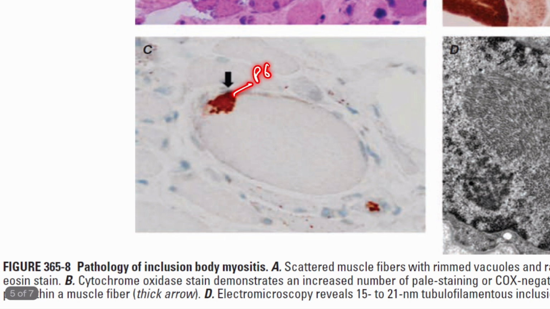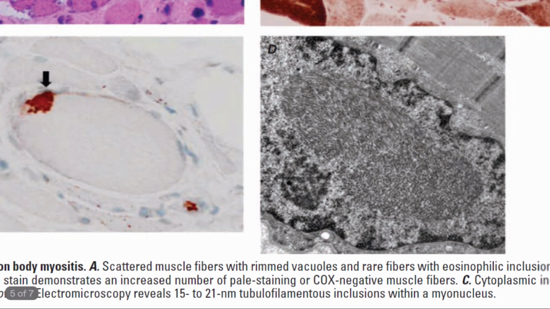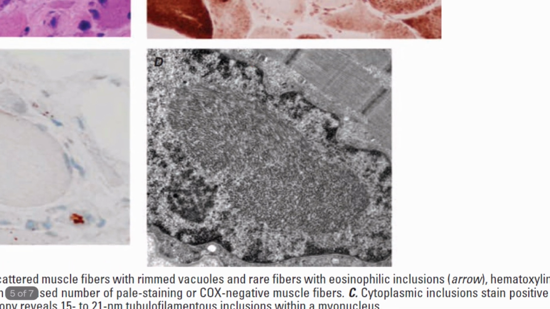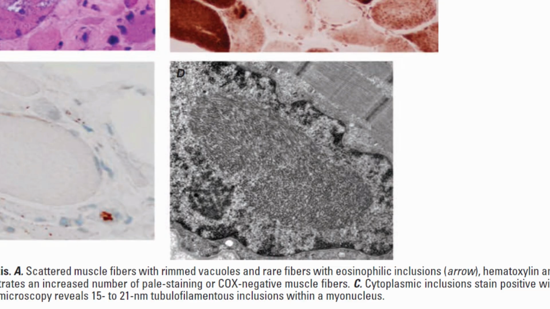P62 is used to stain. Normal Congo red will not stain this amyloid. We have to use P62 stain. Now this is the electron microscopy image. There are these microfilaments, these are the inclusions.